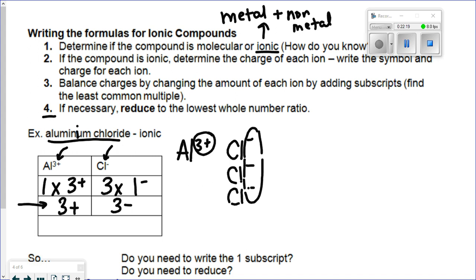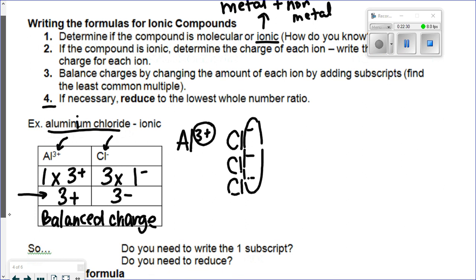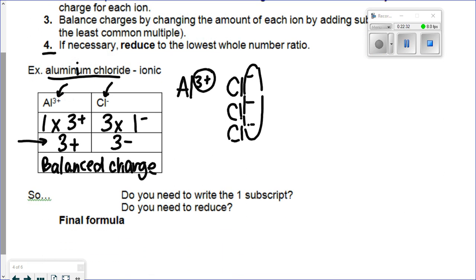So overall now we'll have a balanced charge. And so we need to think about this part here. I needed 1 aluminum and I needed 3 chlorine. So I'm writing those as subscripts. So little numbers, a little bit lower, not big numbers. We'll see when big numbers come into it.